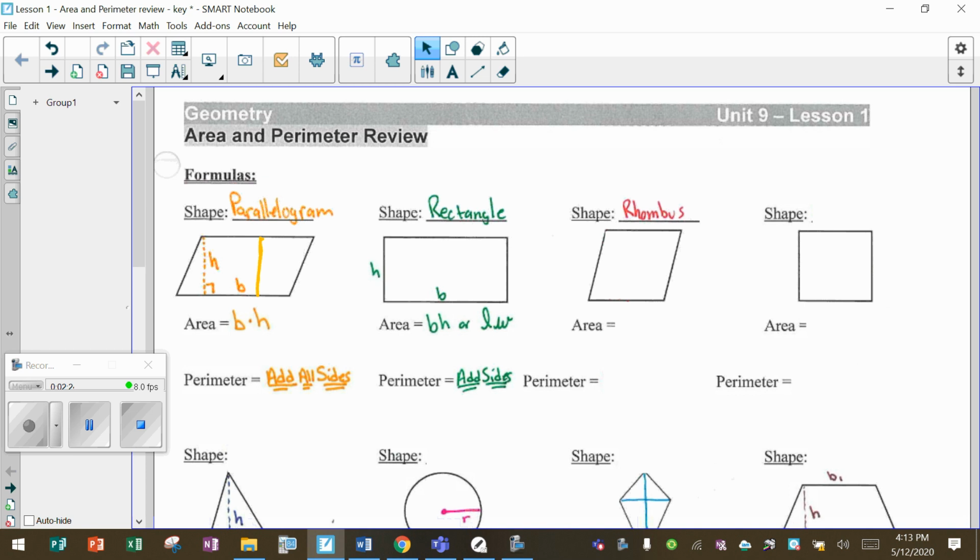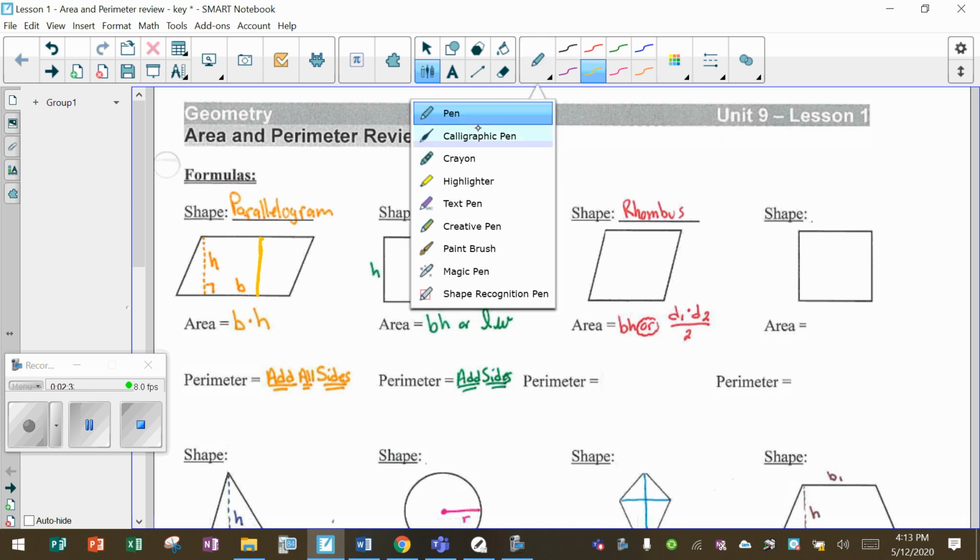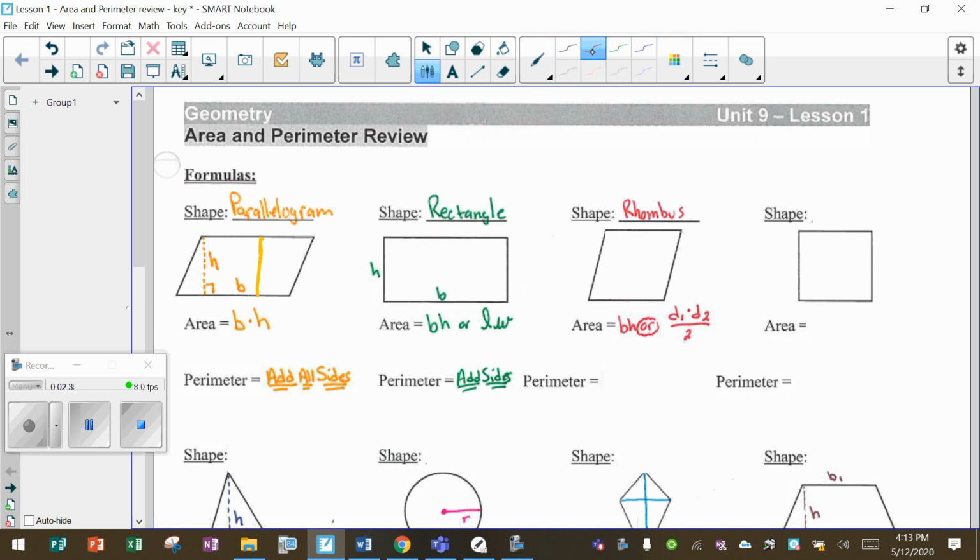Third shape, you remember, is a rhombus, part of the parallelogram family, also base times height, but the rhombus has a second option for the area formula, and that is half the product of the diagonals. Diagonal 1 and diagonal 2, multiply them and divide by 2.